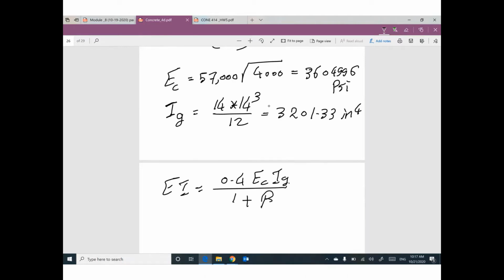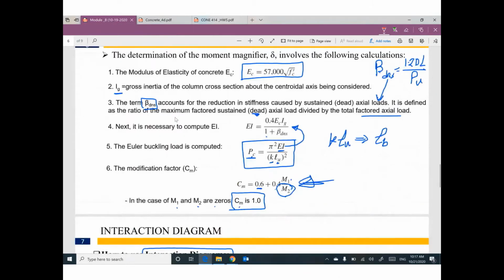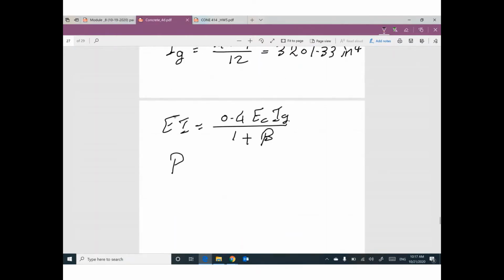Do you remember that? Yes. EI in this term equal 0.4 E concrete I gross divide 1 plus beta. Do you remember the value of beta? 1.2 dead load divide P ultimate.